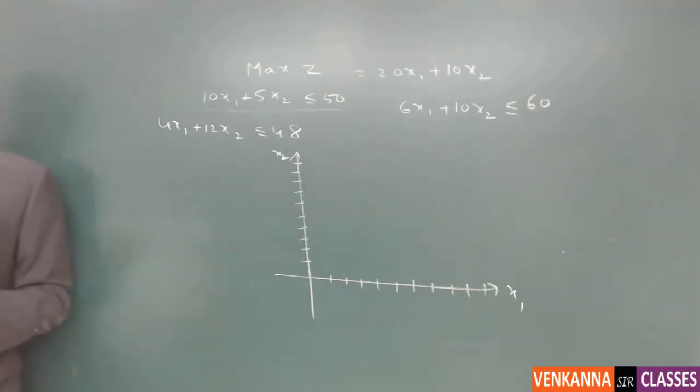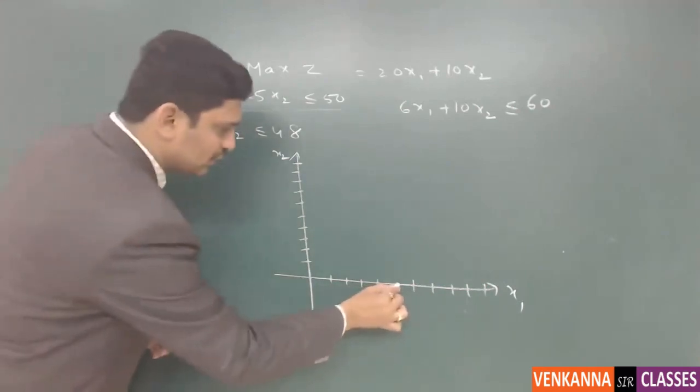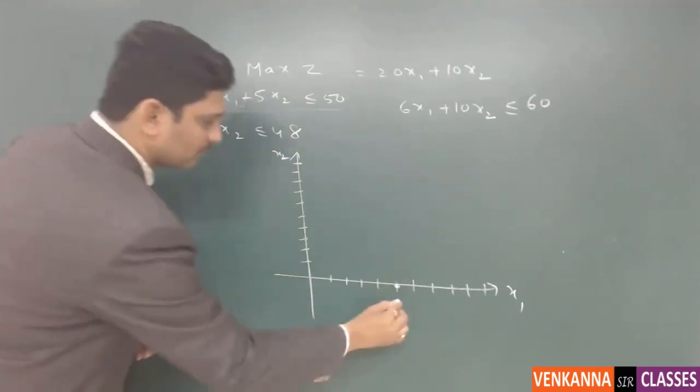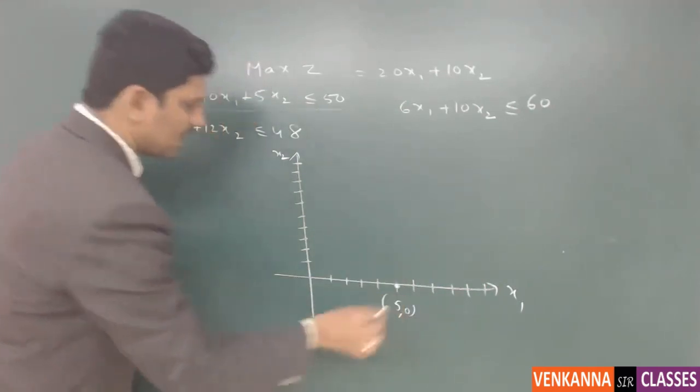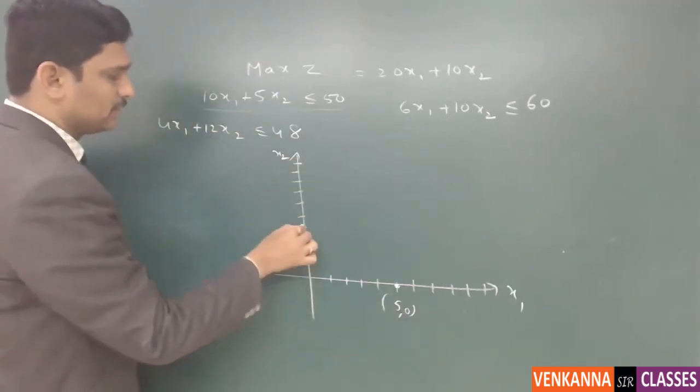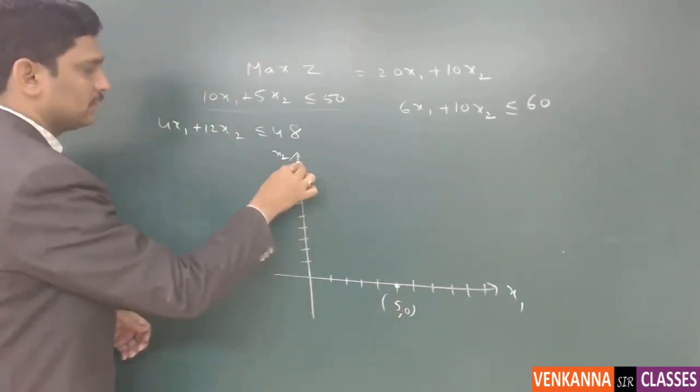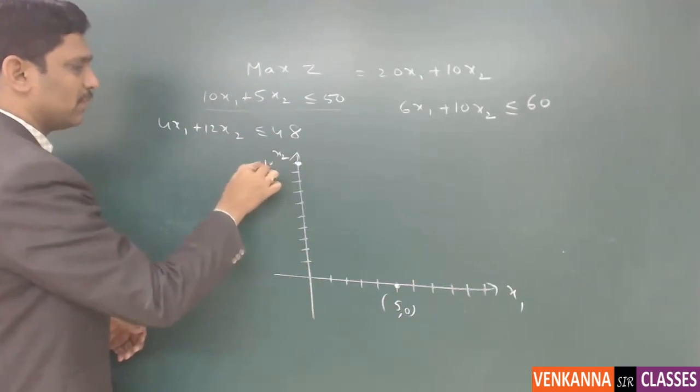Yeah, so 5, 0 and 0, 10. So this is 5, 0, and this will be 10, 0, 0, 10.